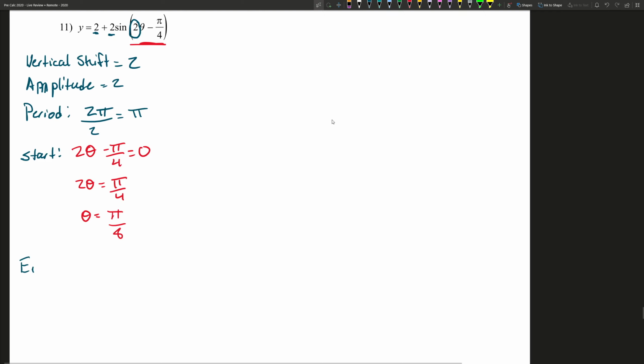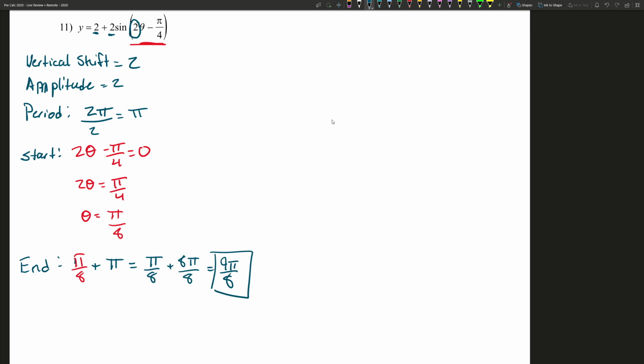The end we can find by doing the start point plus the period, which gives pi over 8 plus 8 pi over 8, which is equal to 9 pi over 8. So this is our end, this is our start, period, amplitude, and vertical shift.